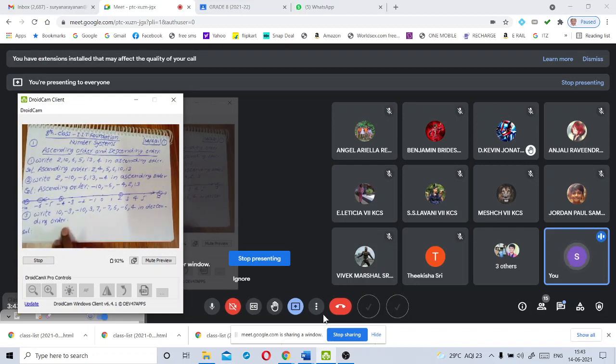Can you read this question, my dear Vivek Marshall? Can you read these two lines? What two lines, sir? Read these two lines.